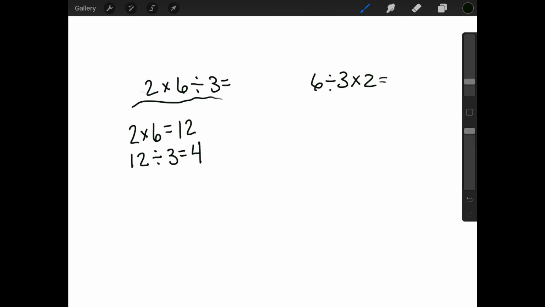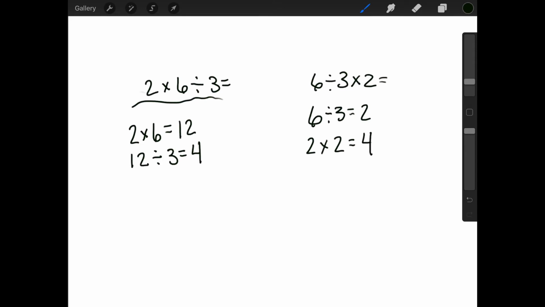Over here, if we do the same thing, we follow left to right. We start out with a division, so 6 divided by 3 equals 2. And 2 times 2 equals 4.